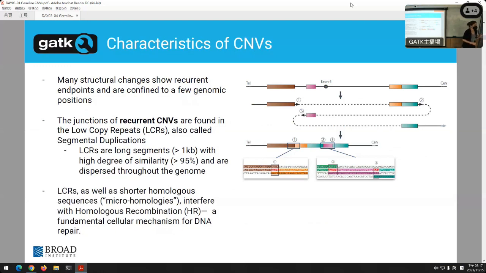In particular, low copy repeats or segmental duplications, where a portion of the reference genome has been copied and occurs multiple times, as well as shorter repetitive sequences called microhomologies. So wherever there is repetitive sequence, you're more likely to get CNVs happening again and again.